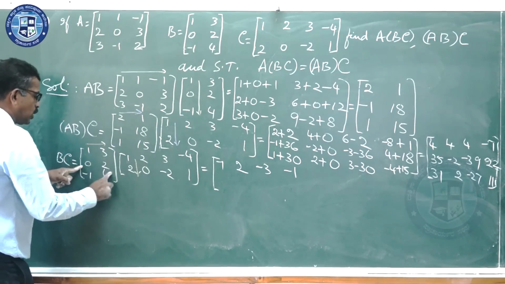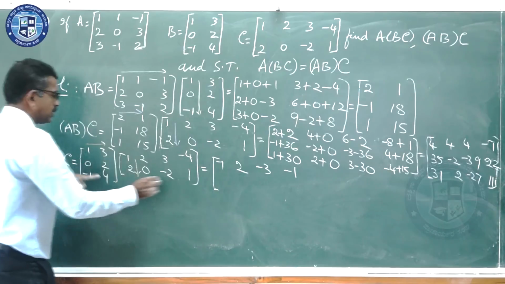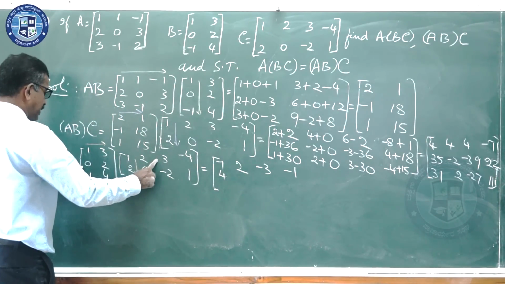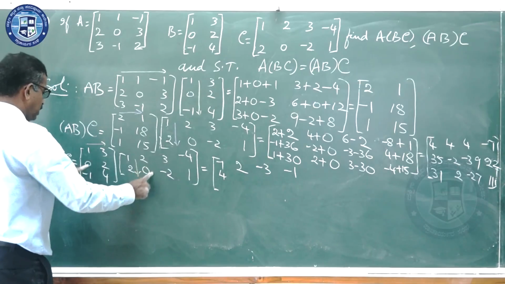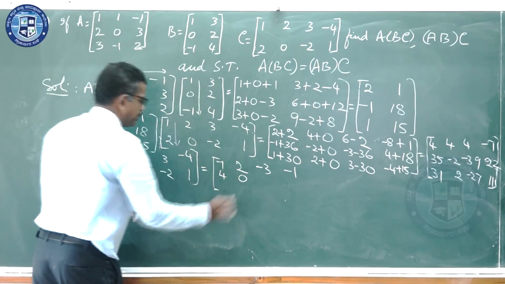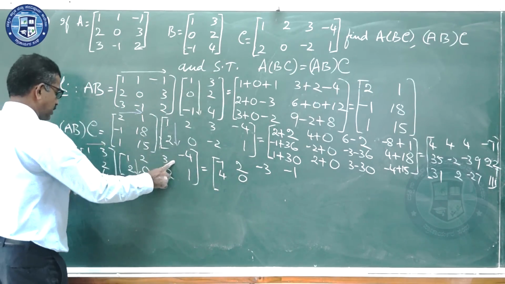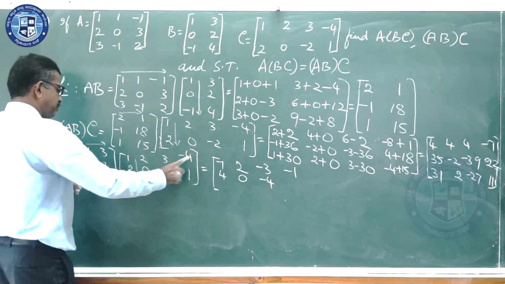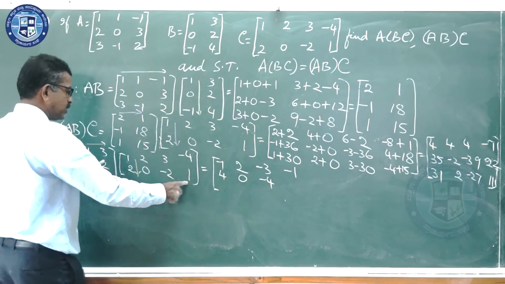Next we have here second row with the first column, it is 0 plus 4, it is 4. And then we have second one is 0 plus 0, it is 0. And third one is 0 minus 4, it is minus 4. And then we have minus 0 plus 2, it is 2.